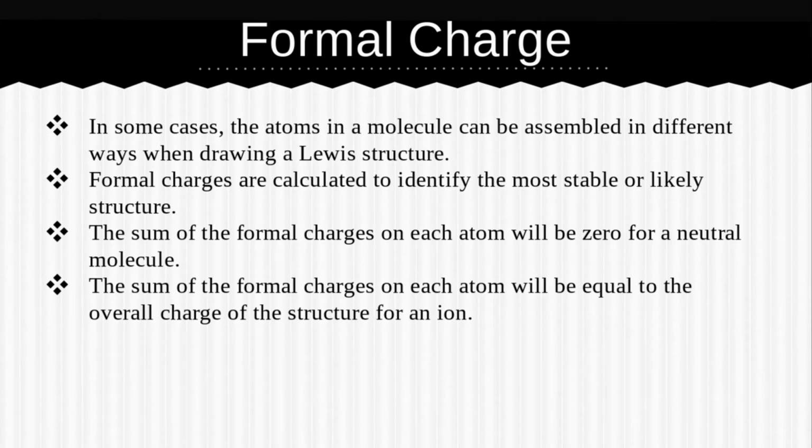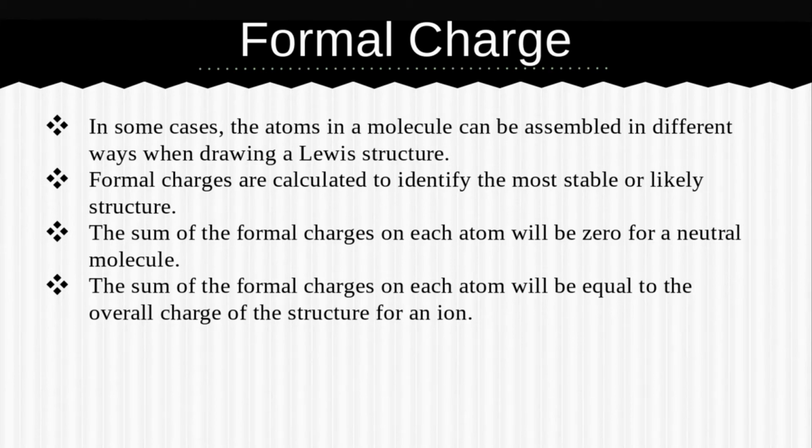Formal charges are used to identify the most stable structure, and the most stable structure is the most likely one to happen. If we have formal charges on our molecule, we want them to be as close to 0 as possible. The structure with the lowest formal charges is going to be the most stable or the most likely structure.